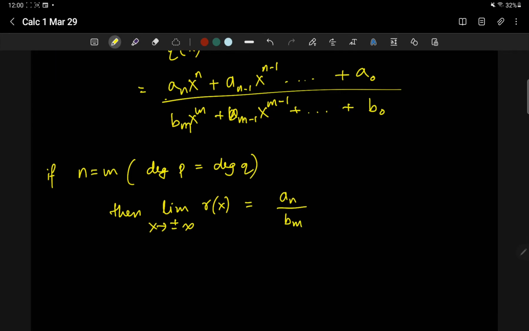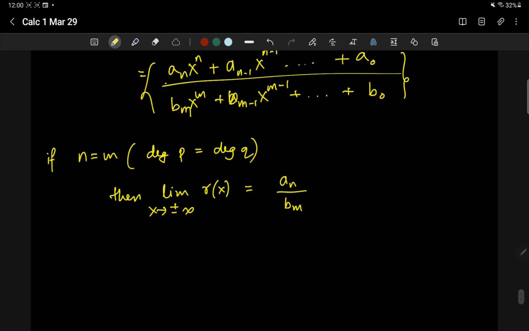Which you have seen before as the ratio of the leading terms of both of them. And this becomes obvious when you think of our method. What we would do is divide both sides by the highest power. But if the highest power is the same, then the first terms are just going to be numbers, and then the limit is just the ratio. So y equals this ratio is a horizontal asymptote.